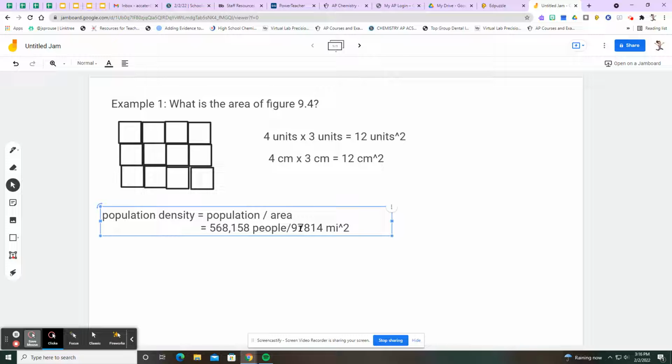Okay, so you divide that number out, and that gives you your population density. Density always has a square on the bottom. So that's going to be 5.8 people per mile squared. And again, you have to include your units. You can't just give me a number. You have to include the units.